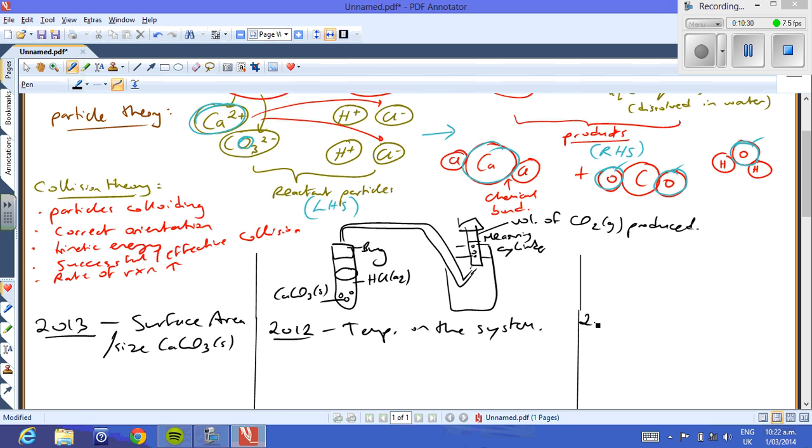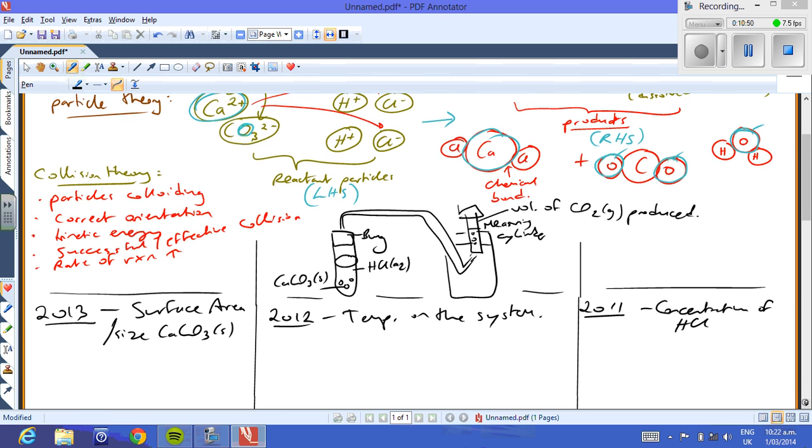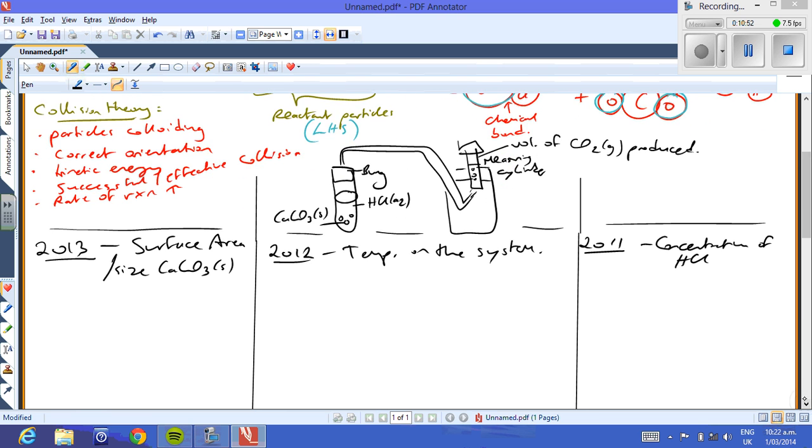And then in 2011 they looked at the concentration of the HCl. So we're going to take each of these 3 years now, and we're going to look at the exact same reaction, same word equation, same symbol equation, and we're going to discuss why you get the results that you get using particle theory.